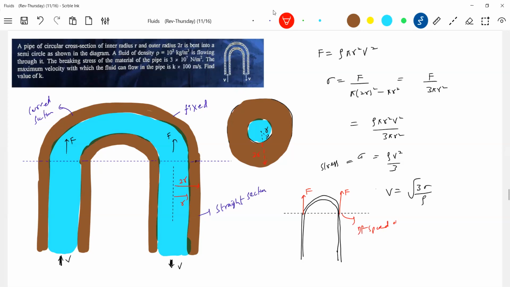If speed of liquid is greater than this, cracks or fracture will occur also, okay? Cracks or fracture will occur at joints. What are joints? These are the joints, I'll call it.